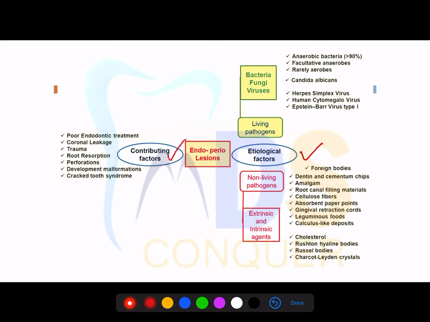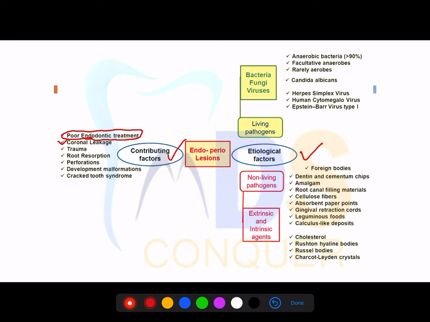So what are the contributing factors? If you have a poor endodontic treatment, your endodontic treatment is not great, it may lead to primary endo, it may lead to an endoperio lesion in the future. It contributes to it. And coronal leakage.